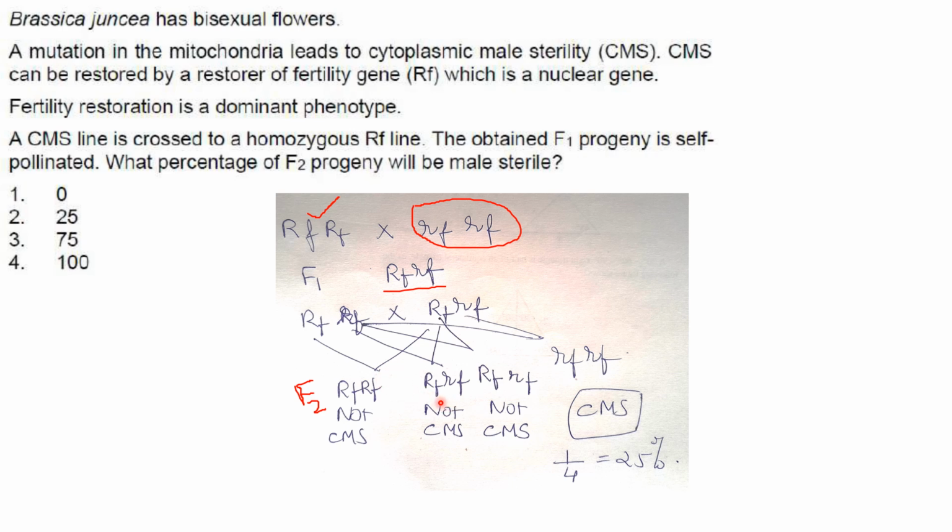Then here, again capital RF, small rf, not CMS. Again capital RF, small rf, not CMS. But this one, small rf small rf, that is a CMS line. They have asked what percentage of the progeny will be male sterile. So 1 out of 4 will be male sterile, that is 25%. So your answer comes to option 2, that is 25%.